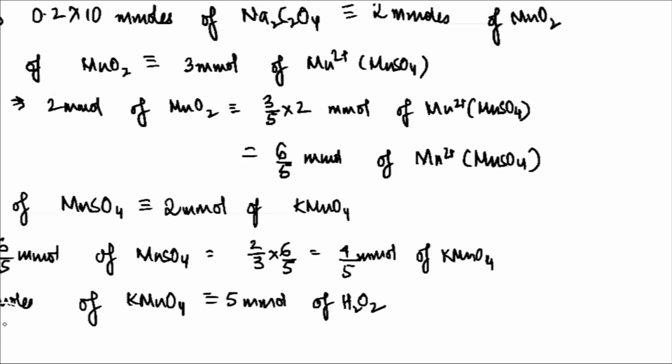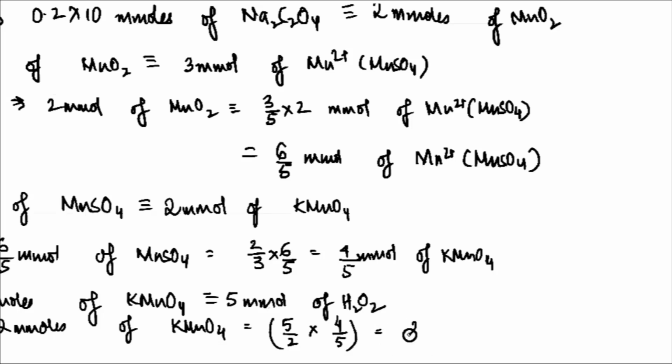Implies that 4 by 5 millimoles of KMnO4 is equal to 5 by 2 into 4 by 5, which is equal to 2 millimoles of H2O2.